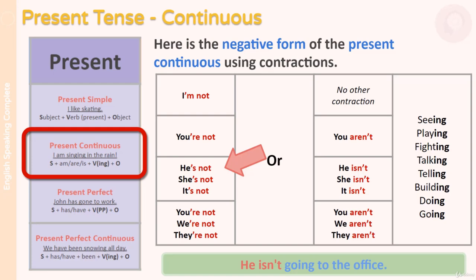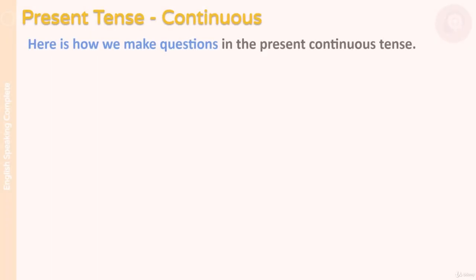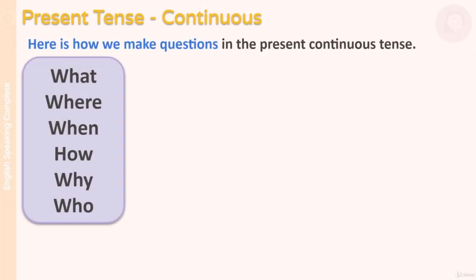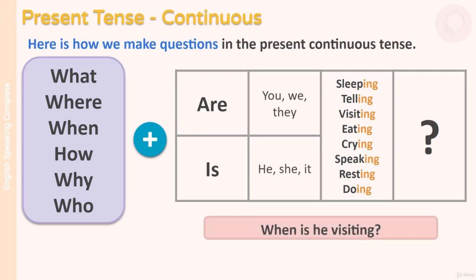How about we take a look at making questions in the present continuous? So again, we can use our 6 W words here. And quite simply, we can plus them like this. Are, you, we, they, plus verb, plus question mark. Or is, and then he, she, it, plus verb, ing, of course, plus question mark.